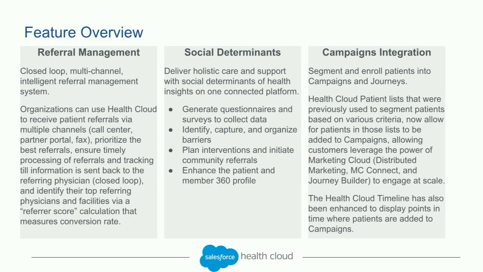Let's take a look at what's in Spring 19. So, a number of things: referral management, which helps you manage referrals that are inbound to your organization; social determinants of health as an expansion of what we know about the patient; campaigns integration, so you can run campaigns to patient populations that are segmented in Health Cloud seamlessly.